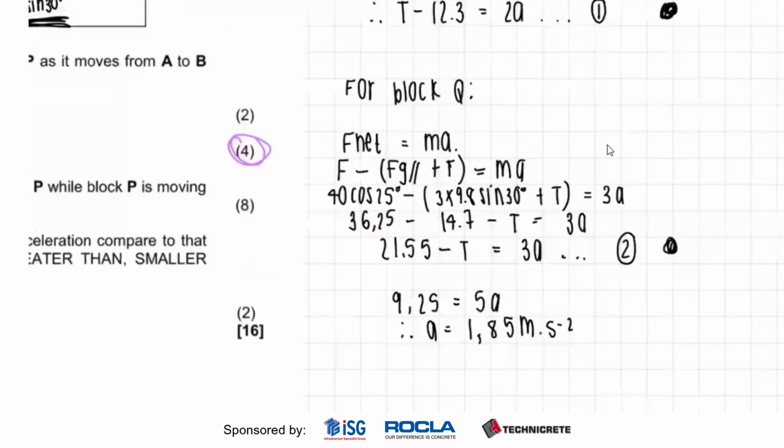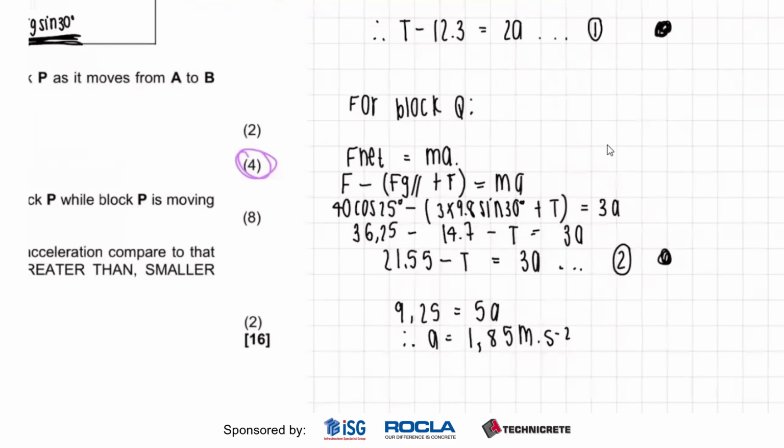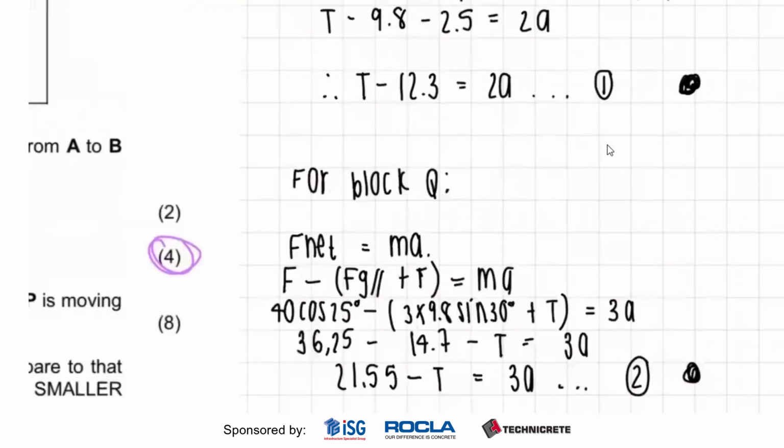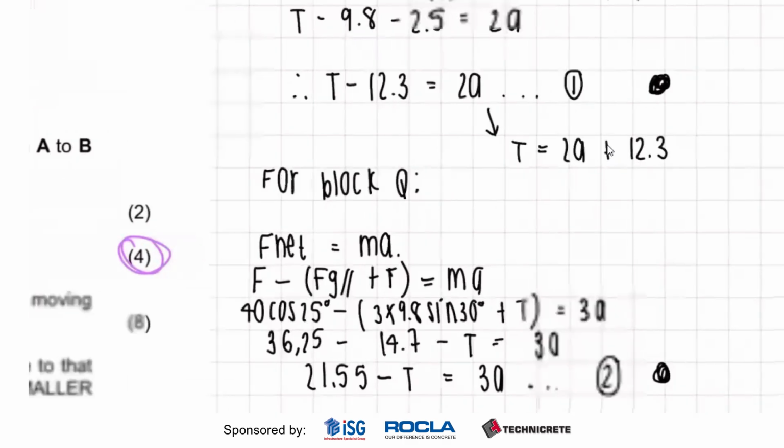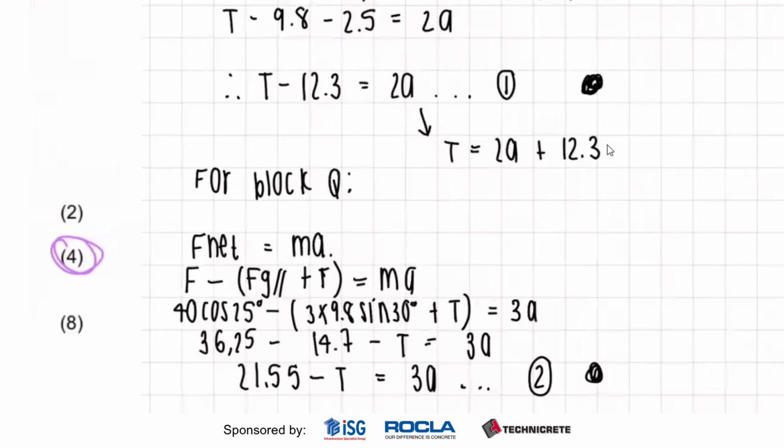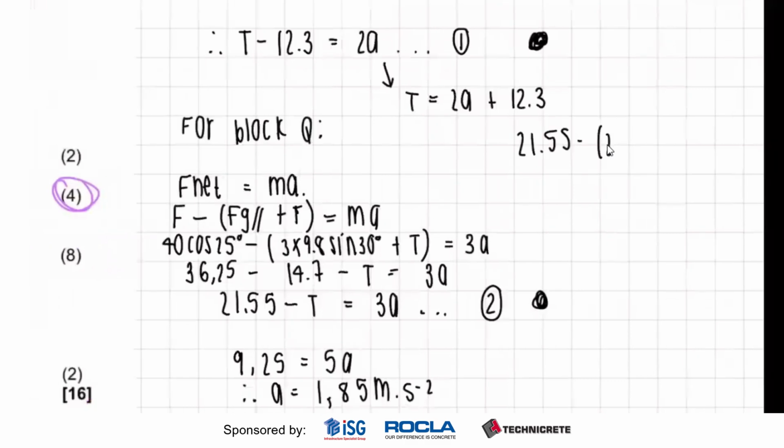Okay, so how we did that is, from this equation, we said T equals 2A plus 12.3. We changed it around, and then we put this T into the other equation. So we went 21.55 minus, and the T was 2A plus 12.3, equals 3A.